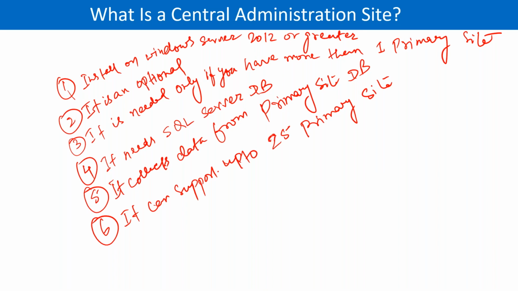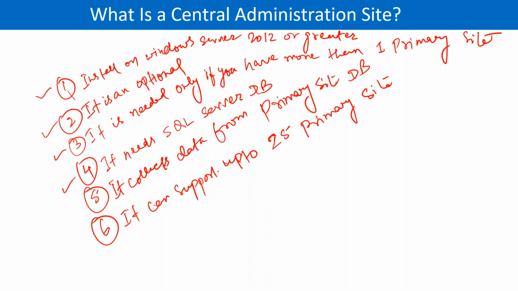So I will discuss those secondary replication things. Don't worry about it. First, you understand the central administration site. So central is sitting on the top of the hierarchy. We install it on Windows Server 2012 or greater. It is an optional site. It is needed only when you have more than one primary site.